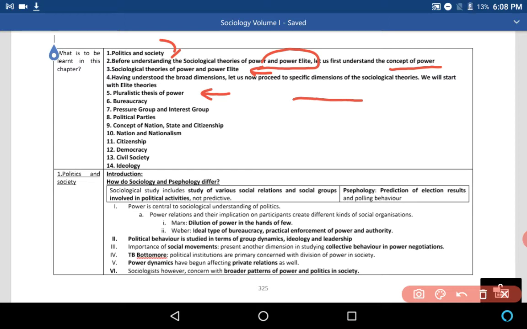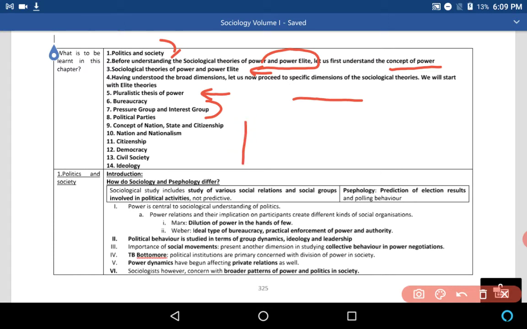Then distributive power, pressure groups and interest groups, and then the core concepts of political parties, nation states, nationalism, citizenship, democracy, civil society, and ideology.